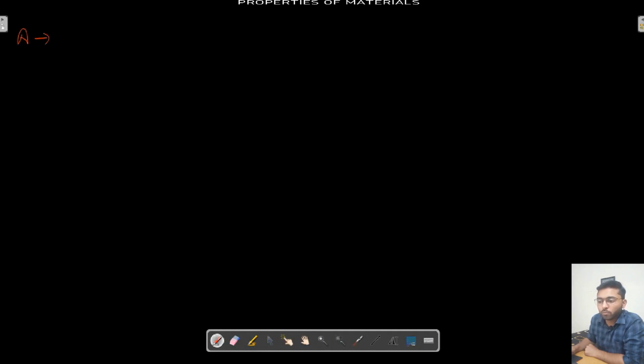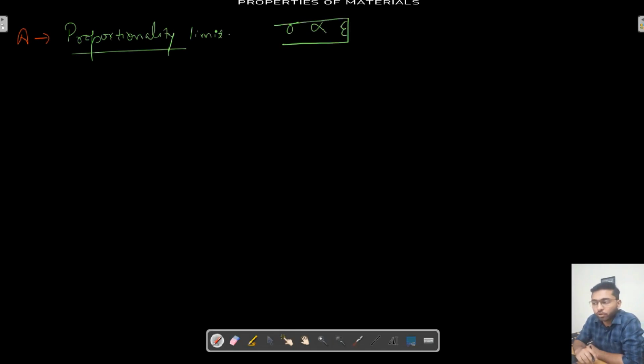The first point is point A, which is known as proportionality limit. In this, we can say that stress is proportional to strain in this region. In what region? OA region. Where is O?